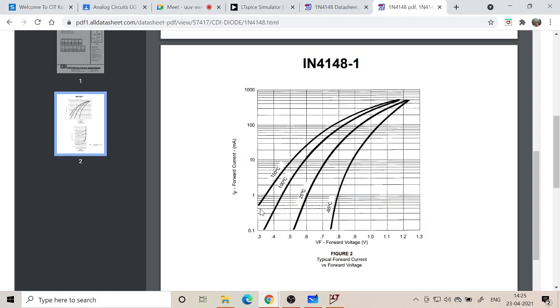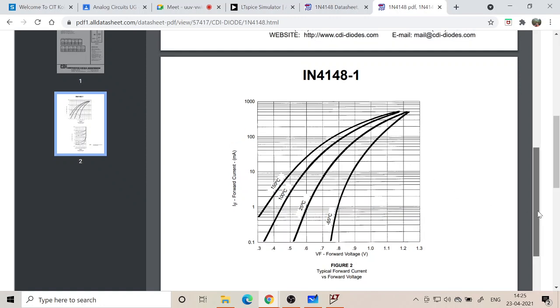Those are properties of semiconductor material. Forward current is given in milliampere, from 0.1 milliampere to 1000 milliampere, which is like 1 ampere. So it can take very high current also.